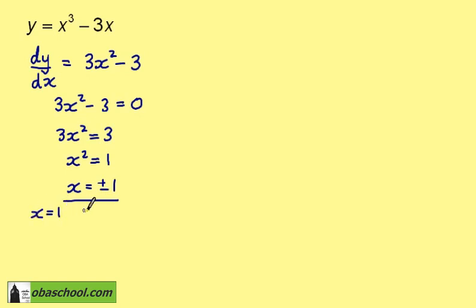If x is equal to 1, y would be 1 cubed minus 3 times 1, substituting back into the original y equation. And this is 1 take away 3, which is minus 2. So the coordinates of this turning point are 1, minus 2.